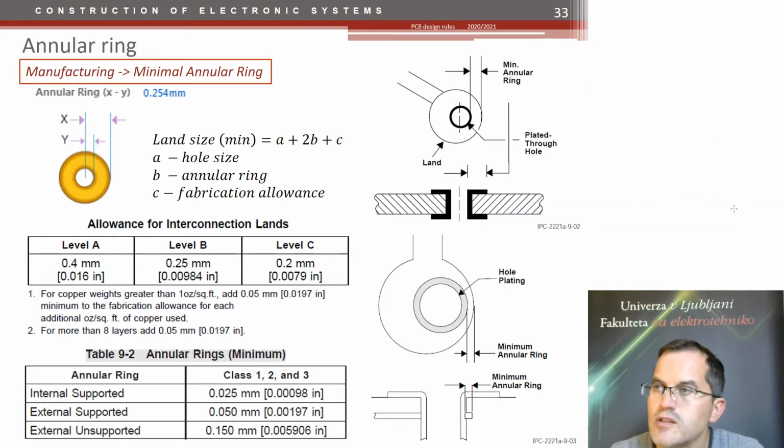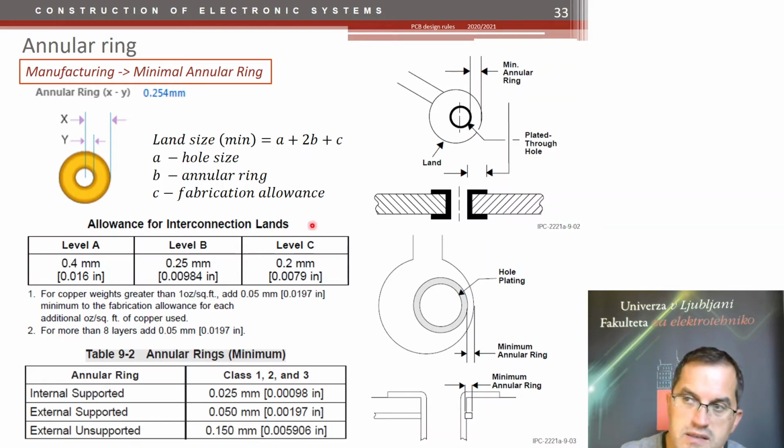The tolerance of the hole would tell you how much you can miss the center of this ring. At level A manufacturing, the worst or general manufacturers, it's 0.4 millimeters. Then it goes up to 0.2 at the best.